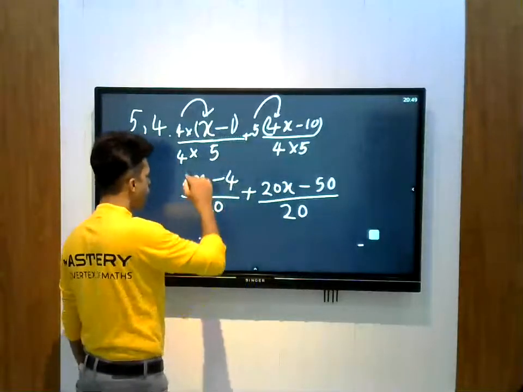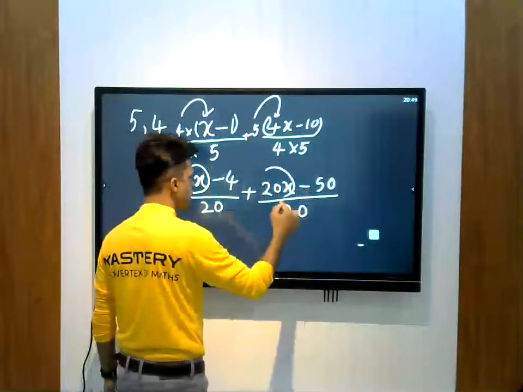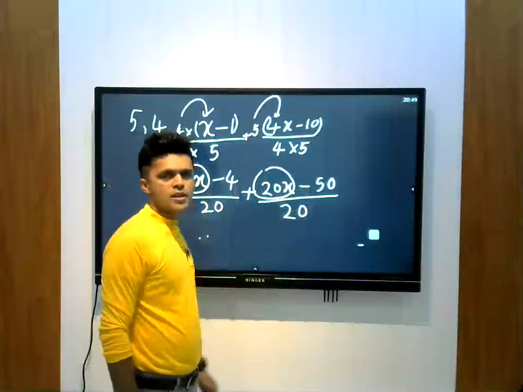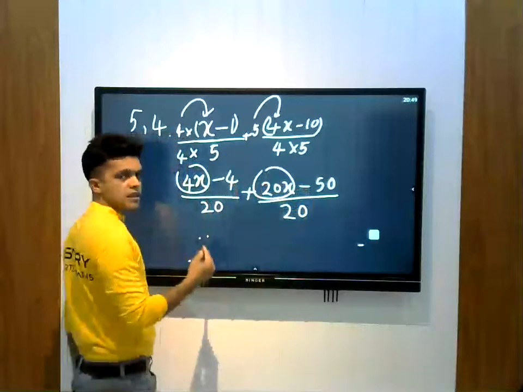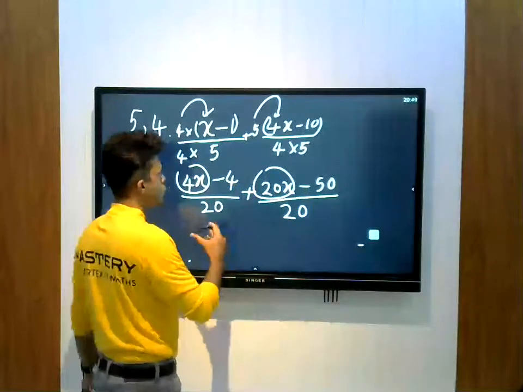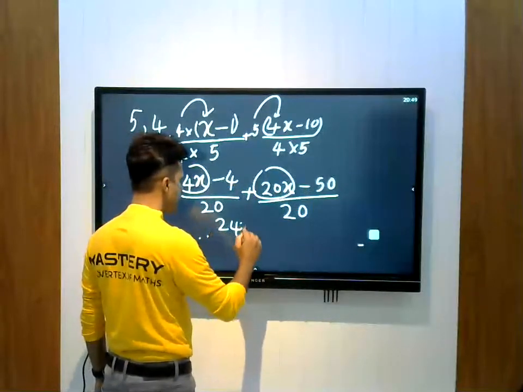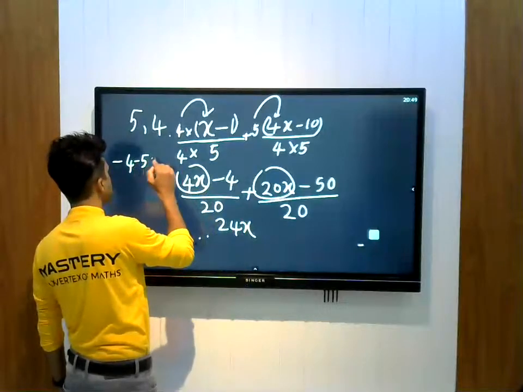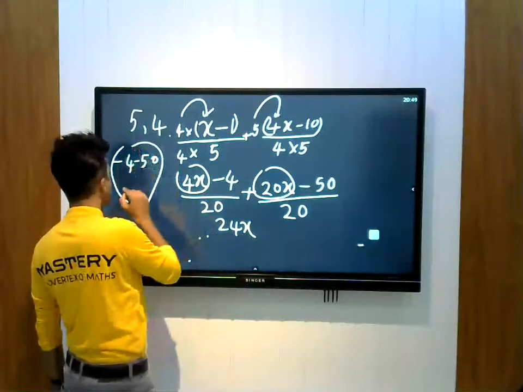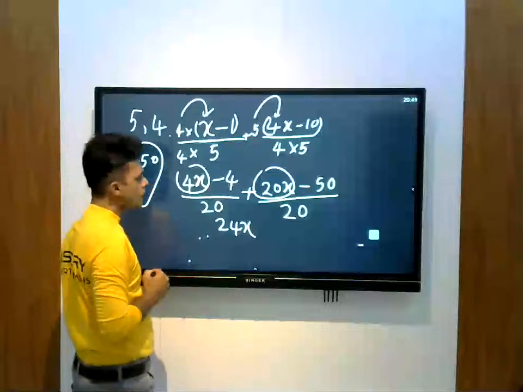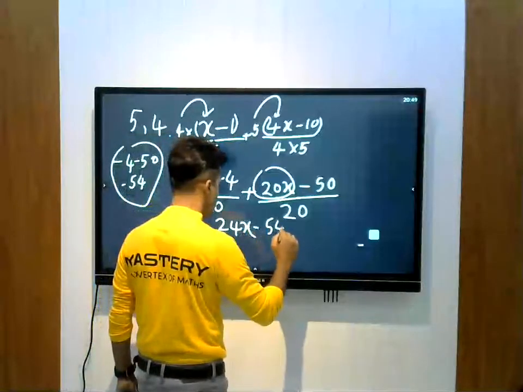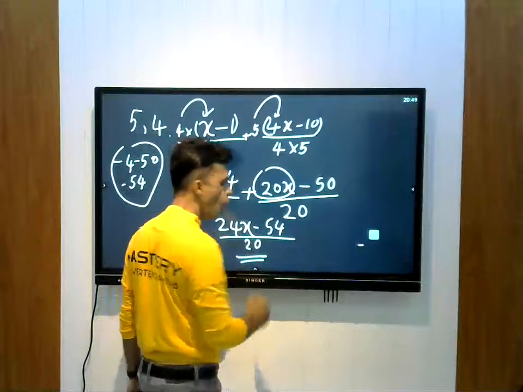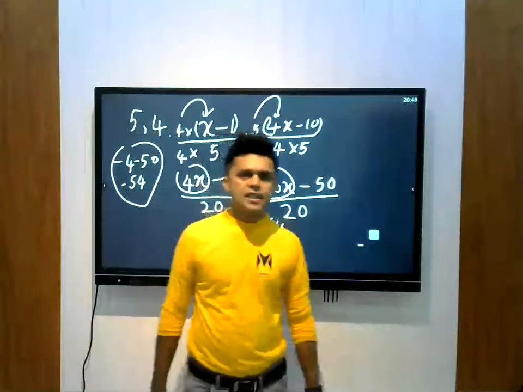Here plus 4x and plus 20x can be added. You know that plus 4x plus 20x is 24x. 24x, minus 4 minus 50. Minus 4 minus 50 is minus 54. So 24x minus 54 over 20 is the answer.